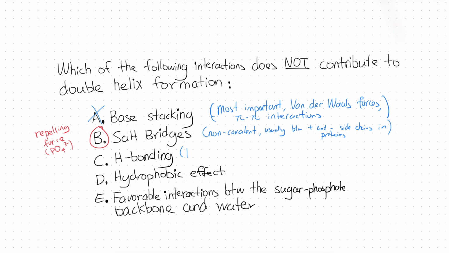So we have A with T and G with C. And yes, those do contribute to stability, but the primary job is providing specificity that ensures the strands match up correctly.